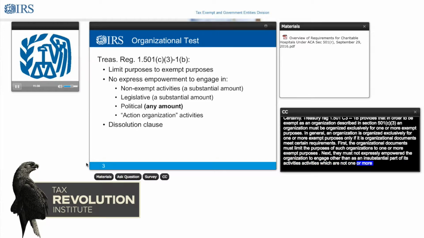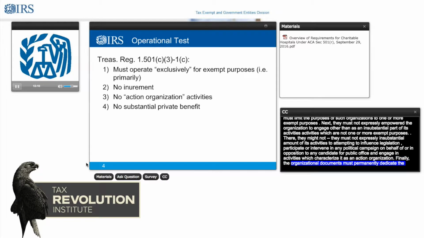Third, they must not expressly empower the organization to devote more than an insubstantial amount of its activities to attempting to influence legislation, participate or intervene in any political campaign on behalf of or in opposition to any candidate for public office, and engage in activities which characterize it as an action organization. Finally, the organizational documents must permanently dedicate the organization's assets to charitable purposes upon dissolution.